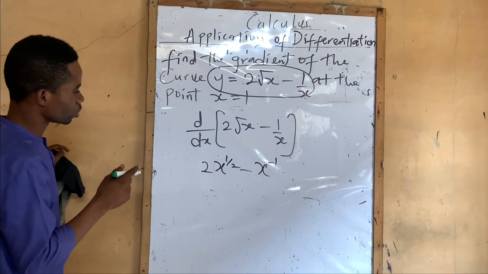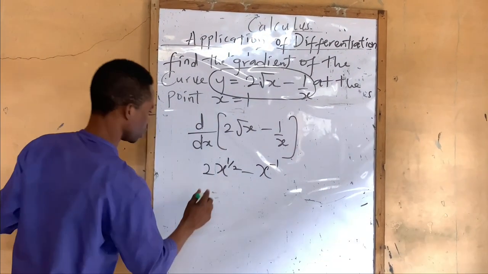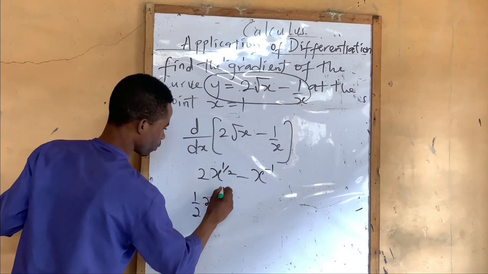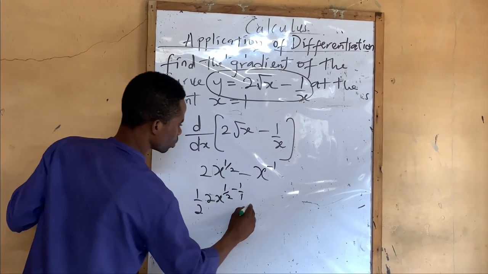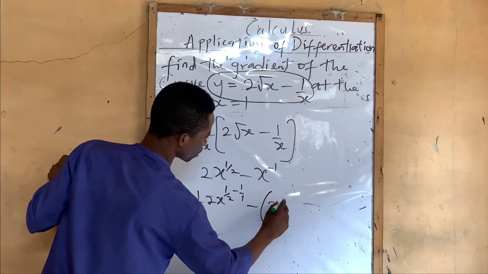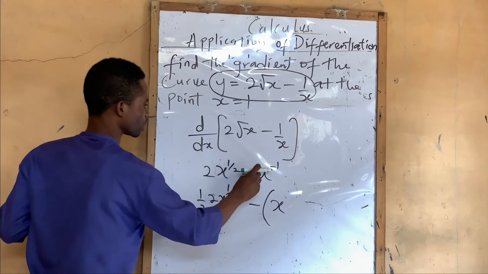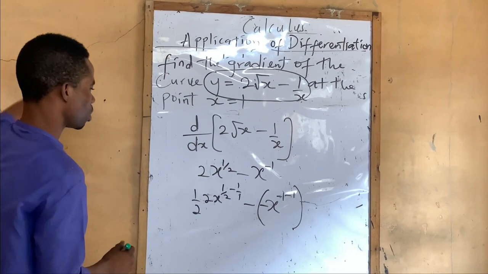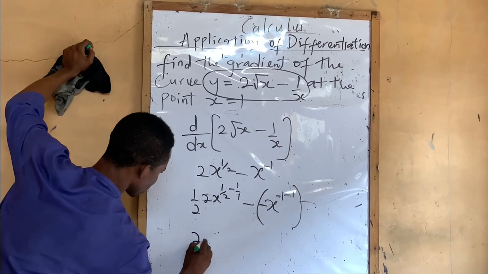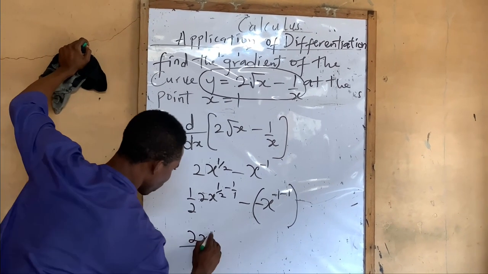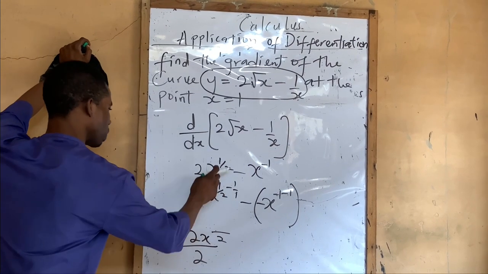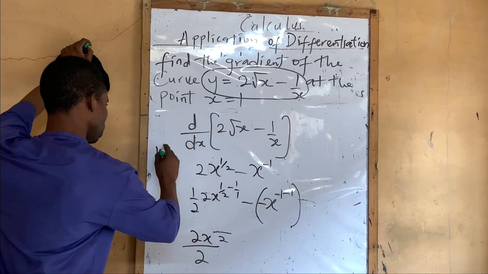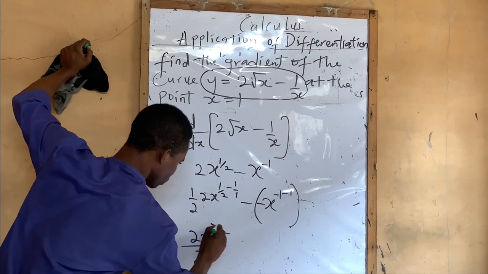I'm going to use this power to multiply: that is 1 over 2 times 2x, and I will subtract 1 from the power. If I use minus 1 to multiply this, I have minus x, and minus 1 because I subtract 1 from the power. So we have 1 times 2, that is 2x all over 2. 2 into 1, 1 times 1, 1, and 2 into 2, 1. That's minus 1 all over 2.